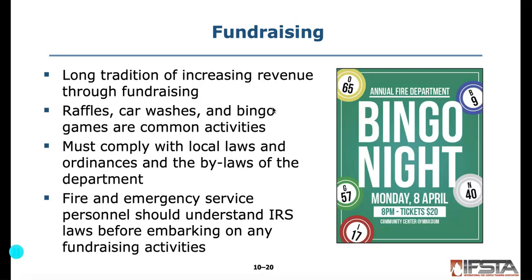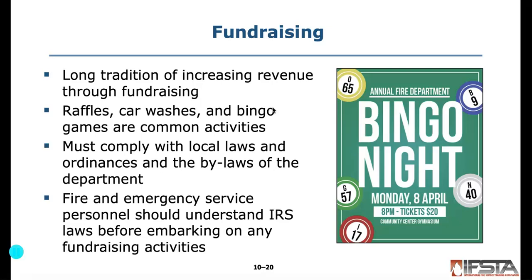Fundraising, a long tradition of increasing revenue through fundraising. Raffles, car washes, and bingo games are common. We don't do this. Like I said, our city is very strict on how revenue can come in. So people can't just donate.